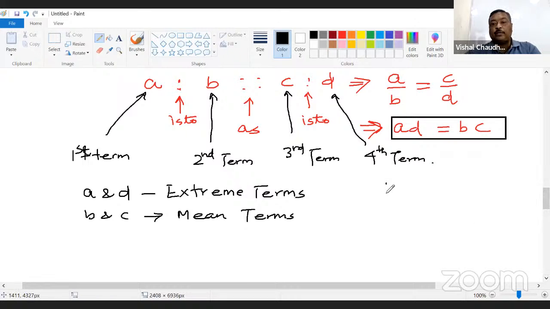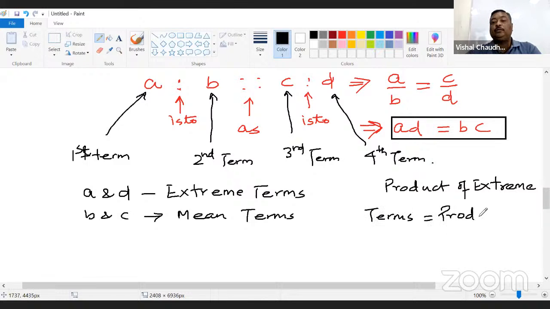Product of extreme terms is equal to product of mean terms. Okay. Now we will take it as a rule. Extreme terms is always equal to mean terms.